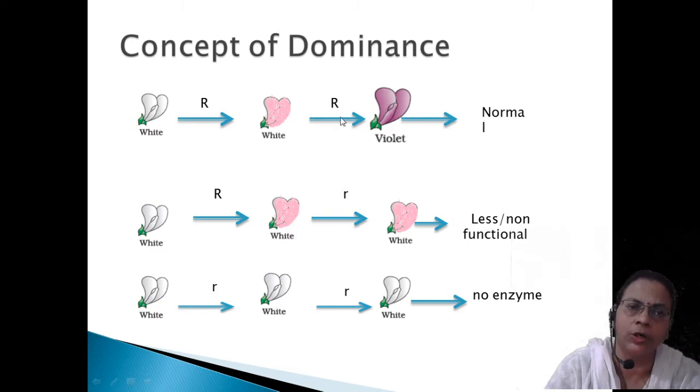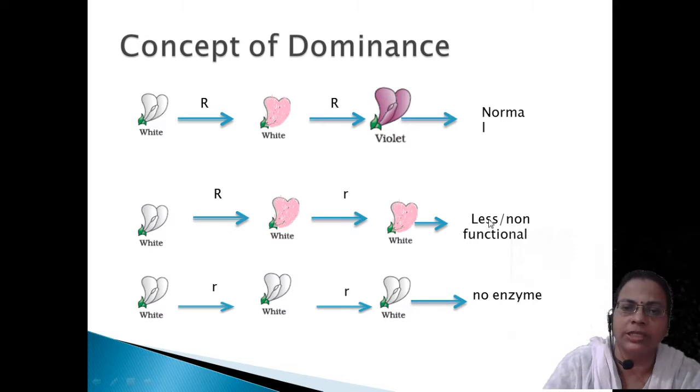Completely dominant means the white can completely turn into purple or red; that is normal expression, with a normal amount of enzyme. So white completely converts into red or purple color.